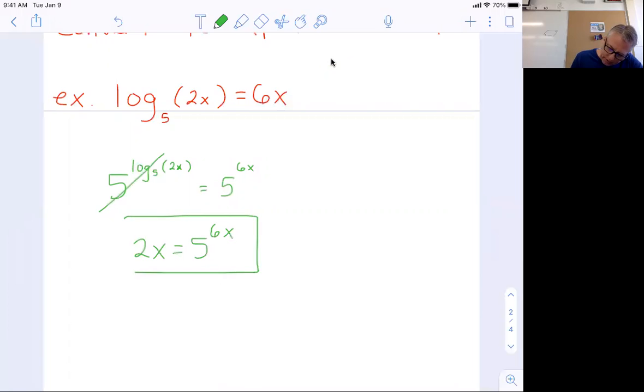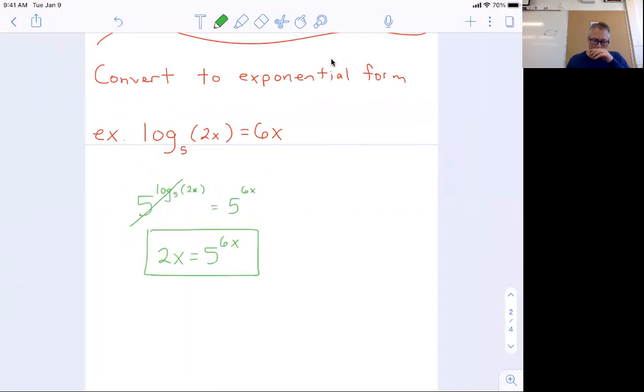And that is our answer. It has been converted to exponential form. By the way, I didn't solve that for x. We'll get to that later. So we're not solving it. We're just converting it into an exponential form. All right, that's going to take some practice.